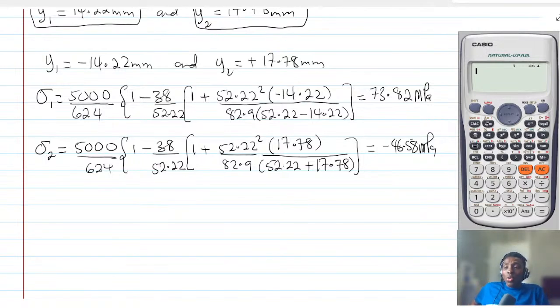So all you have to know is the formula for the crane hook. Sorry, all you have to do is get the formula for the link radius. Once you have the link radius, after getting the h square, you put it into the stress equation.